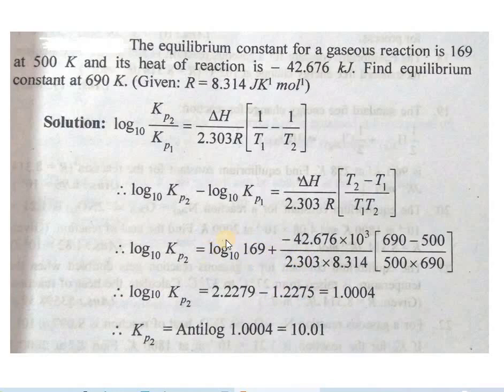Then log to the base 10 of 169 is this. The difference of those values obtained is 1.0004. Then Kp2 is equal to, so how do we calculate Kp2? To remove the log, we take the anti-log of this value, and therefore Kp2 is equal to anti-log of 1.0004, which is 10.01, and hence the value of Kp2 is 10.01. Thank you.